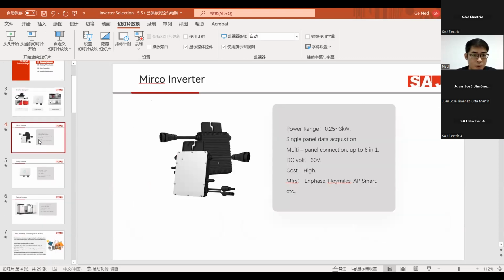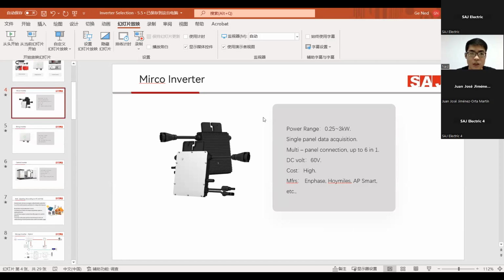This slide, we will introduce the micro inverter. The power range is about 0.25 to 3 kilowatt. Normally one micro inverter connects only one or two panels, but we also see micro inverters on the market now that can connect up to 6 or 8 panels, and 8 is still being developed.